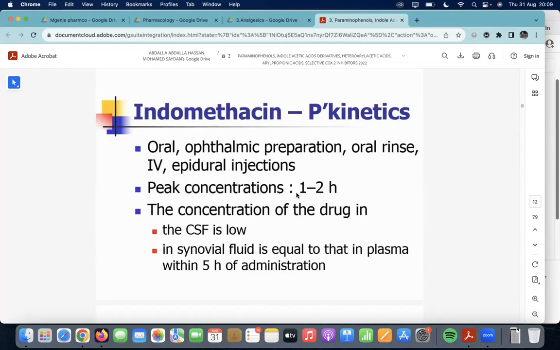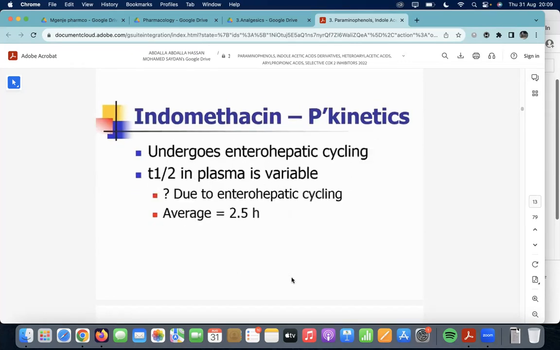Peak concentrations are in 1 to 2 hours. The concentration of the drug in the CSF is low, so I'm guessing it has low CNS penetration. The concentration of the drug in synovial fluid is equal to that in plasma within 5 hours of administration. Indomethacin undergoes enterohepatic cycling, and I don't know what that means.